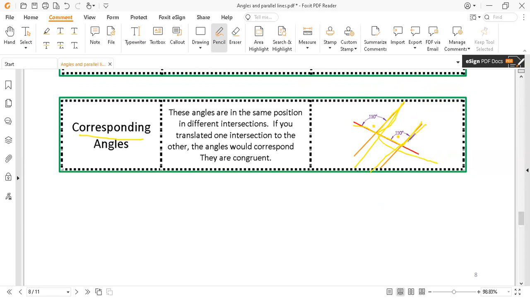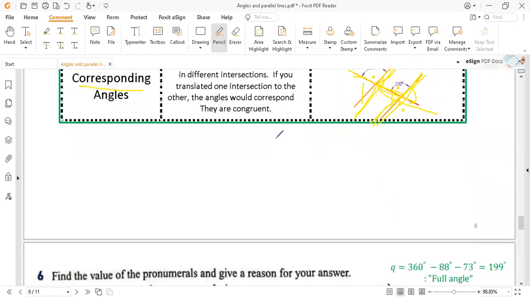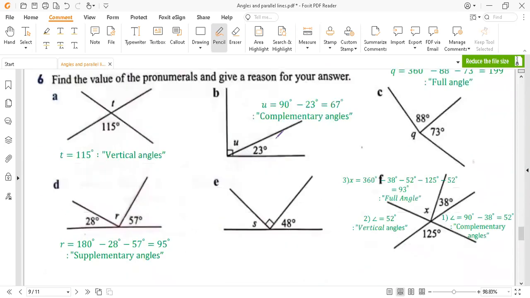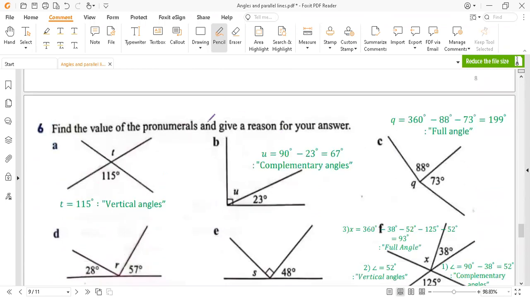Also we have an F here, so this one and this one are equal, and we have another F, so this one and this one are equal, and finally another F, so this one and this one are equal. So these angles are in the same position at a different intersection. If you translated one intersection to the other, the angles would correspond. They are congruent.